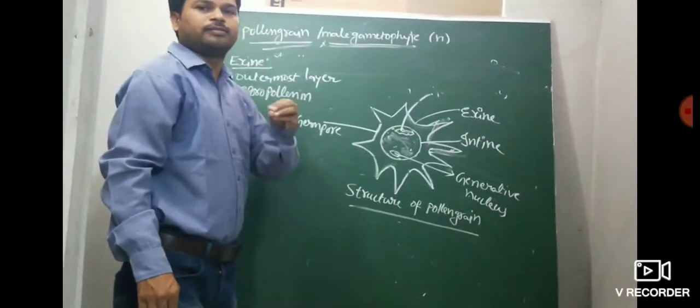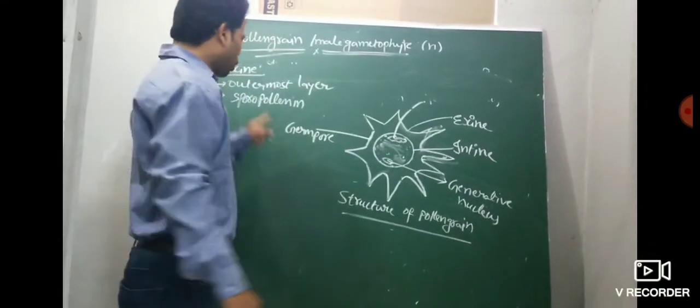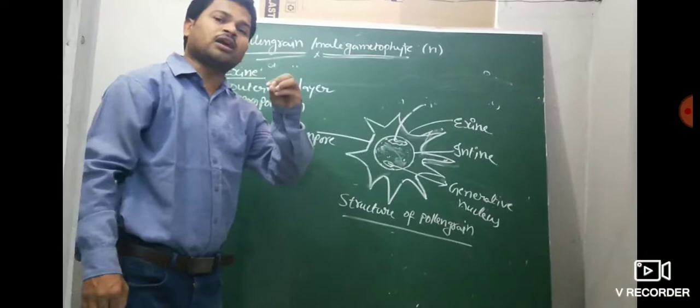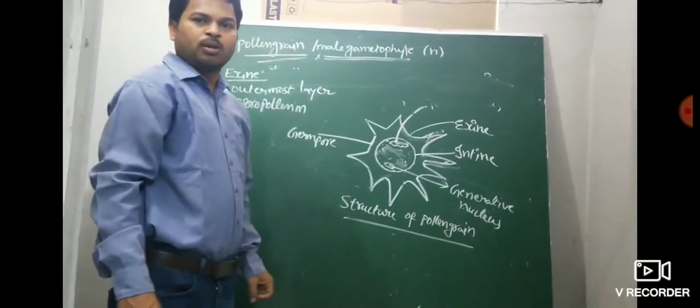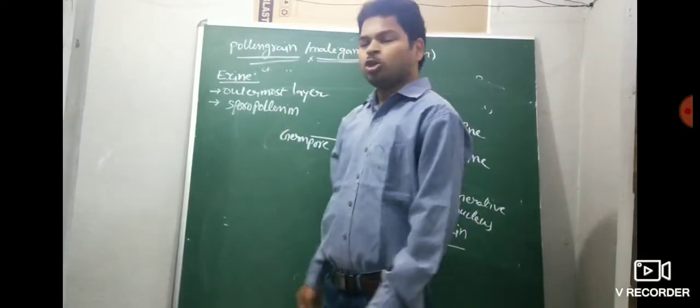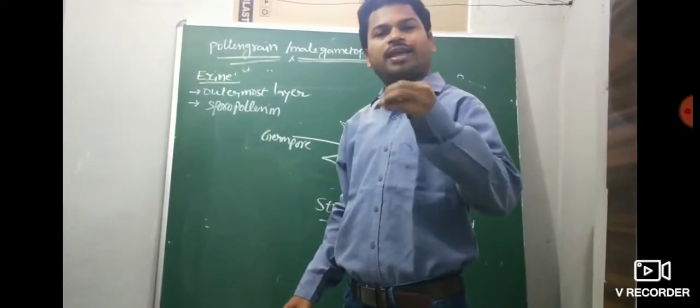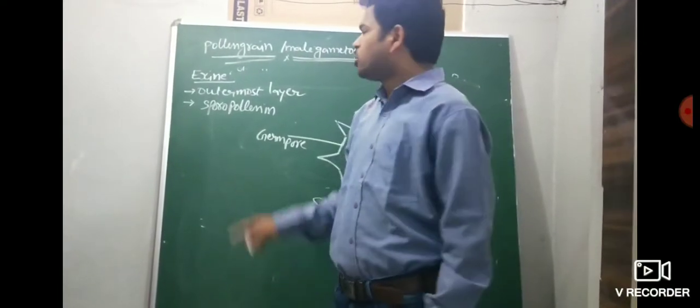Sporopollenin is very hard. Exine is very hard because of the sporopollenin present. Sporopollenin is the most organic resistant material. It can withstand high temperature, strong acids and alkali.